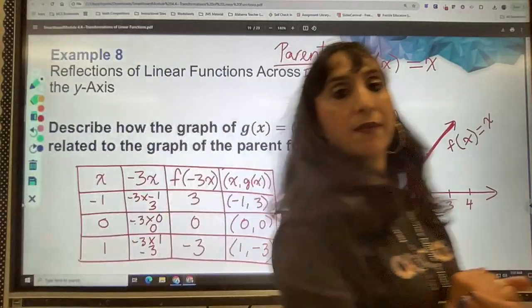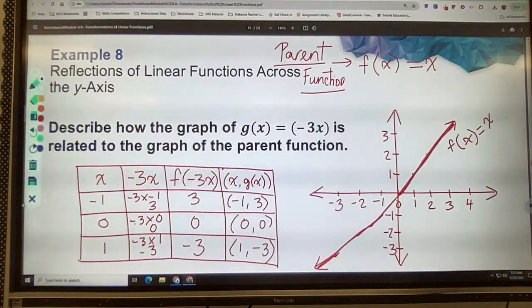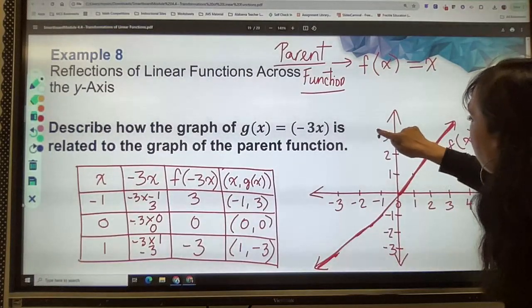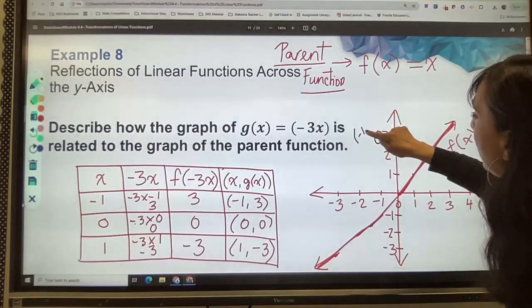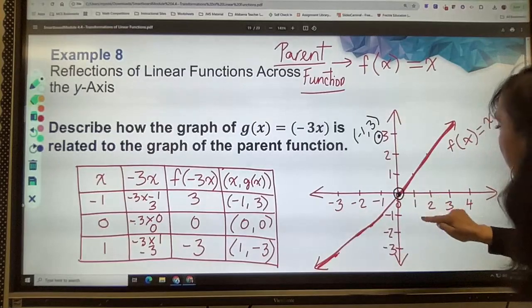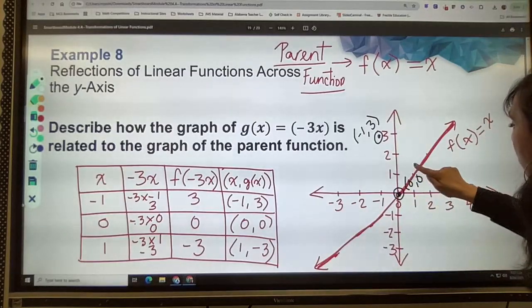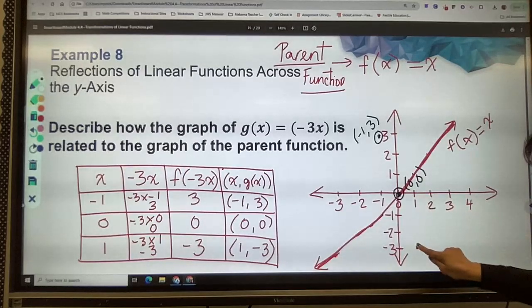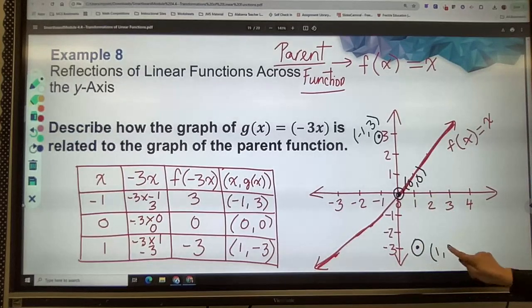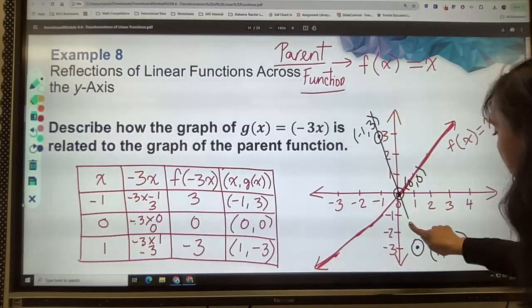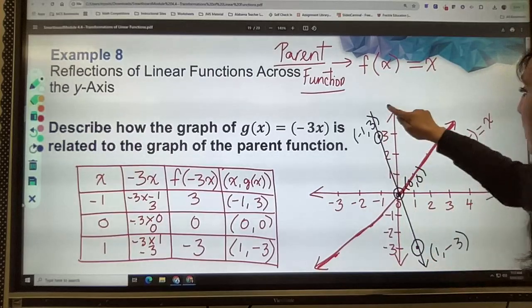And negative 1, 3 is here. This is my first one, negative 1, 3. Then I have 0, 0, which is here. Okay, this is 0, 0, the origin. And then I have 1, negative 3. So I'm going to go ahead, connect. There's my graph.